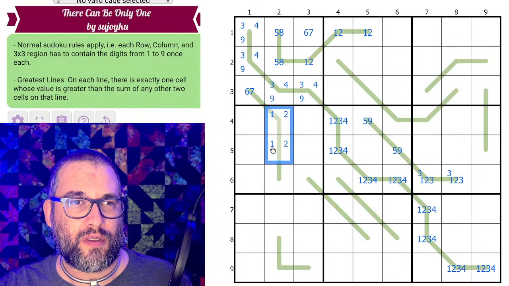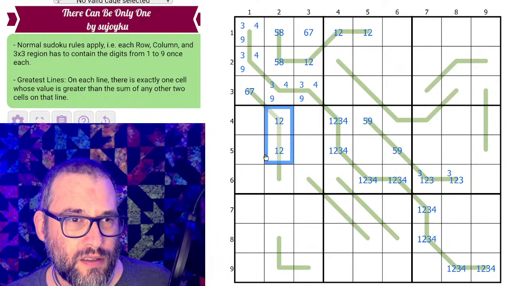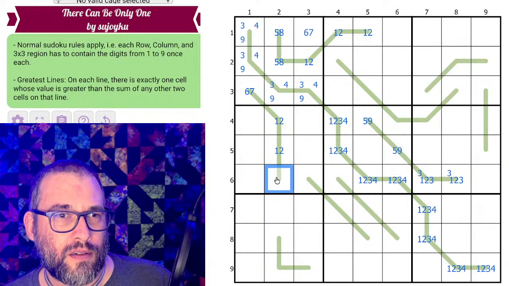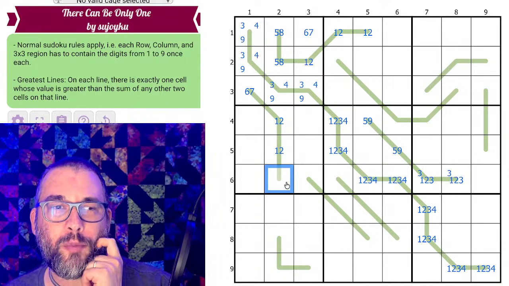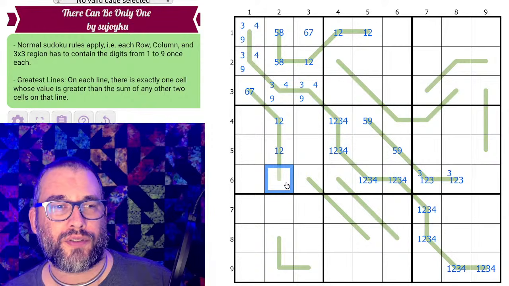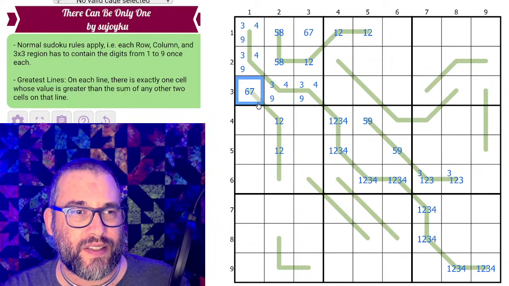So we got a 1, 2 pair here. And this is now big. So this is going to have to be a 9 with a 9 here with a 6.